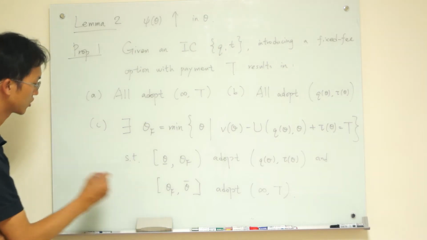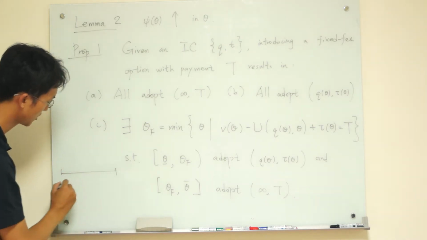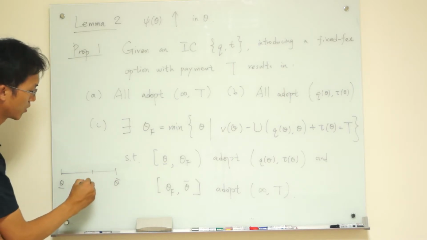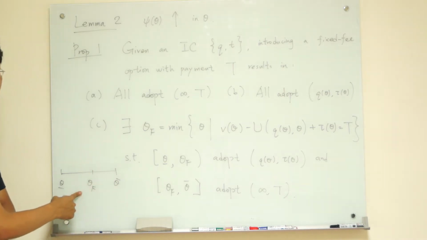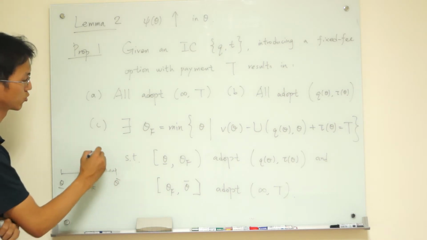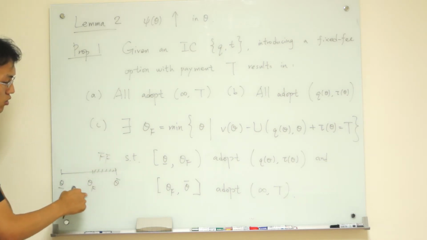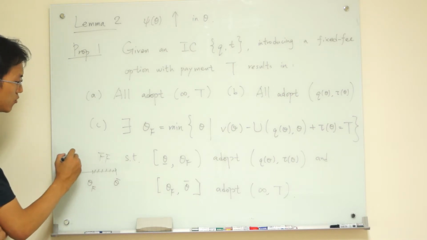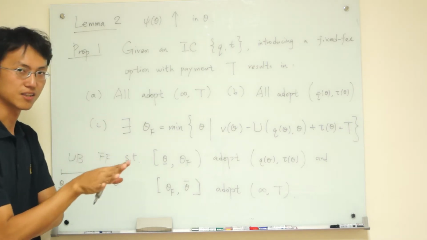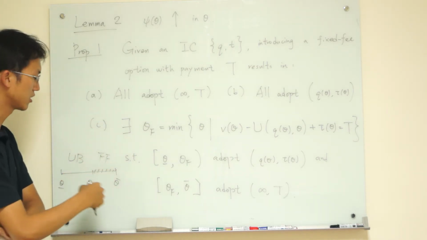So that just means if this is consumers from theta low to theta high, there will be a cutoff. We call it theta f, such that all the people above it will switch to fixed fee, and all those people below it will still be using usage-based pricing plans. Again, that's not very surprising, right?